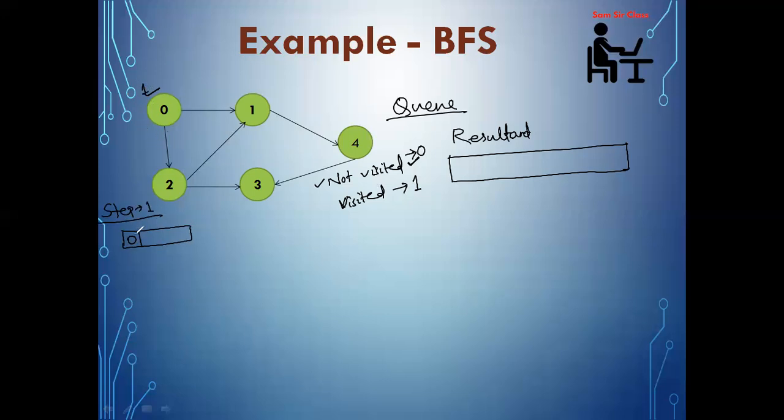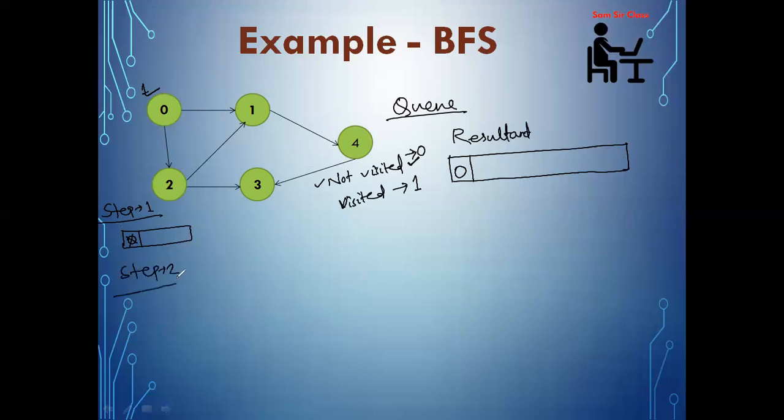Now any vertex which is present in the queue will be deleted from the queue and brought to the resultant array, meaning that processing is over. Now any node you are bringing to resultant, you have to find the directly connected or adjacent vertices into the queue. Clear?